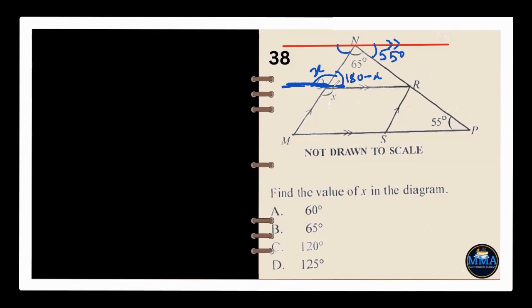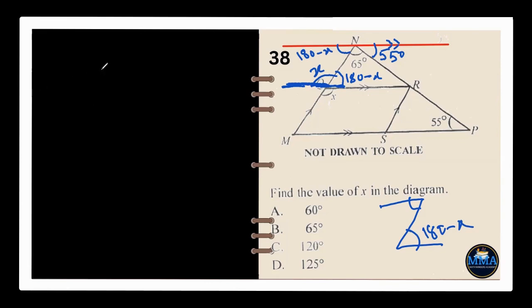Because this is a straight line, so this inner angle is 180 minus S, and it's alternate. Look at the Z angle here. Look at the pattern. So we are saying this is 180 minus X. So it's also going to be the same as here. So this place is 180 minus X.